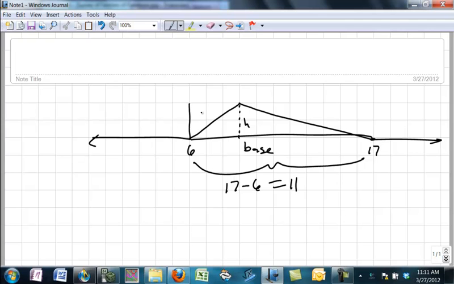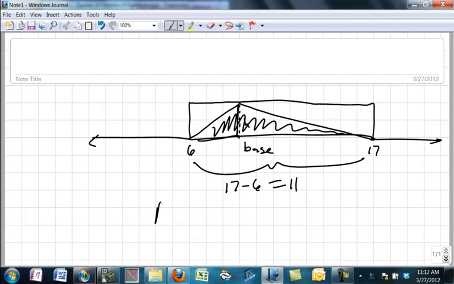Well, we know that when we're talking about the area of a rectangle, we're talking about how many of these little squares will fit inside of it. Well, of course, that's just base times height, but notice that the area of the triangle, the entire area of the triangle, is half the area of this rectangle, because this little piece here is half of this rectangle, and this is half of that rectangle.